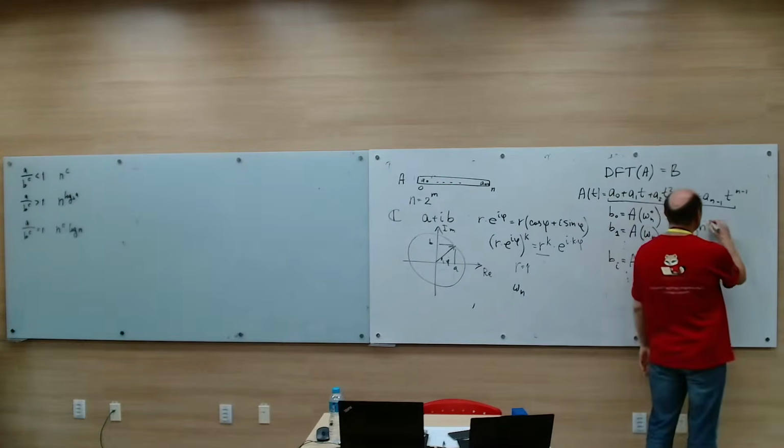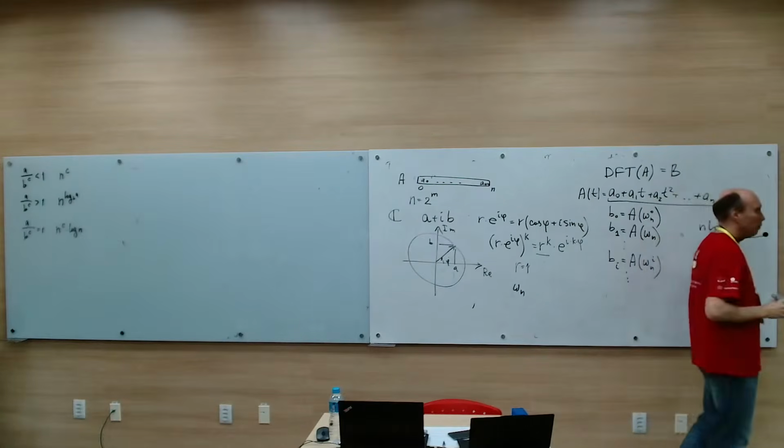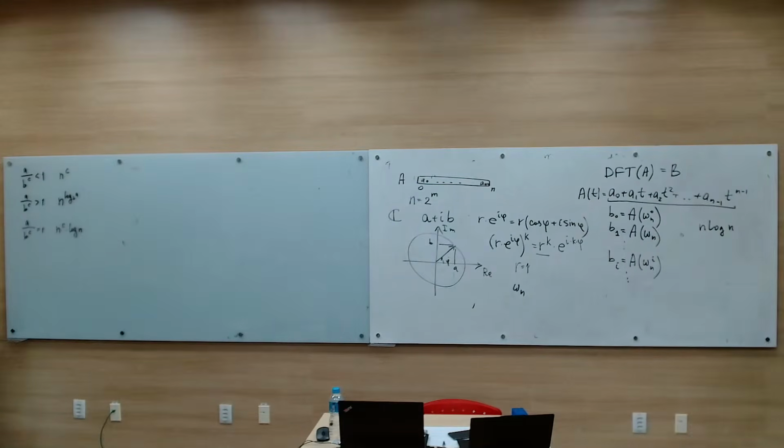That is not exactly true, to be absolutely honest, because when you are doing all this stuff, you're actually working with floating point numbers, and you cannot make them absolutely precise.